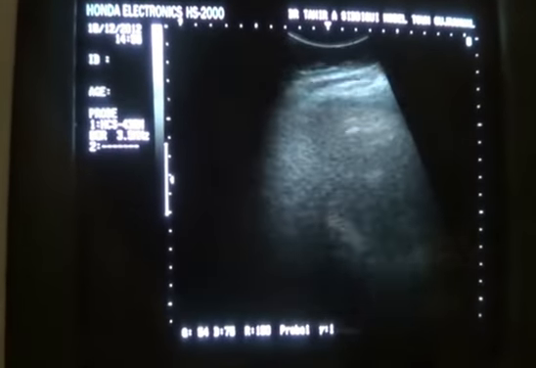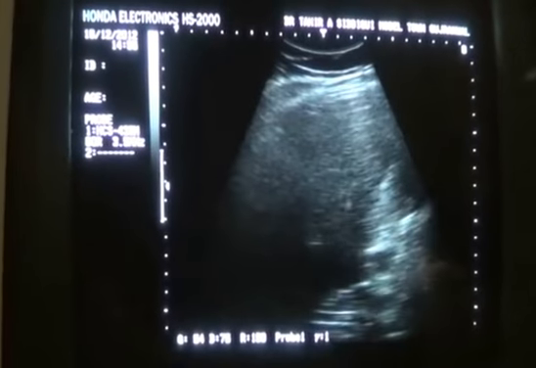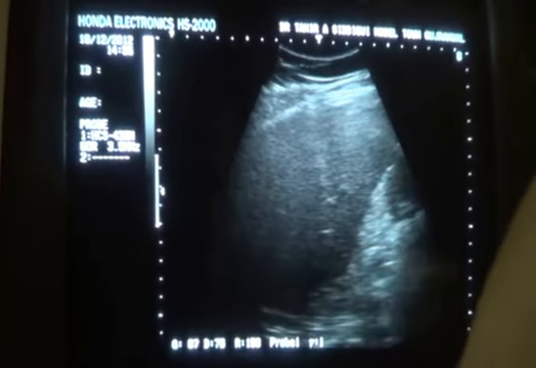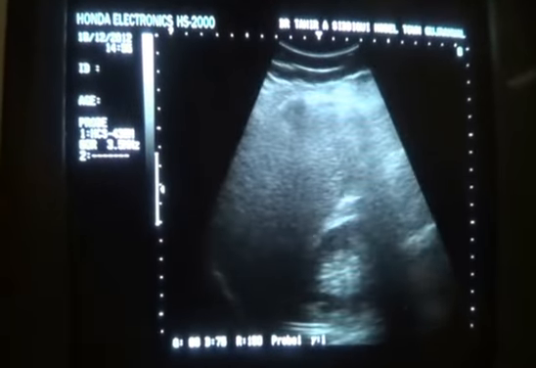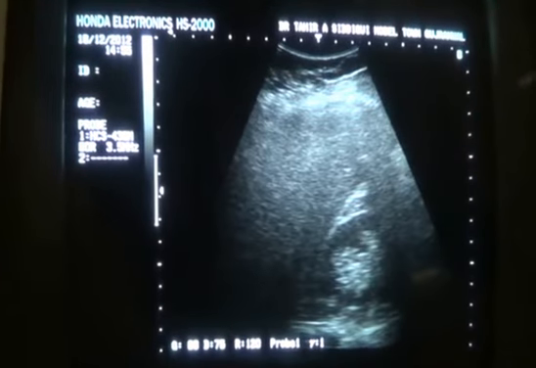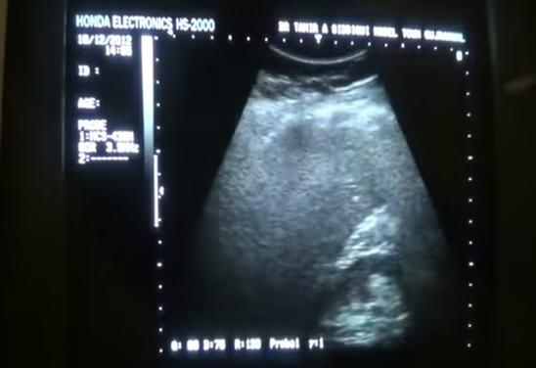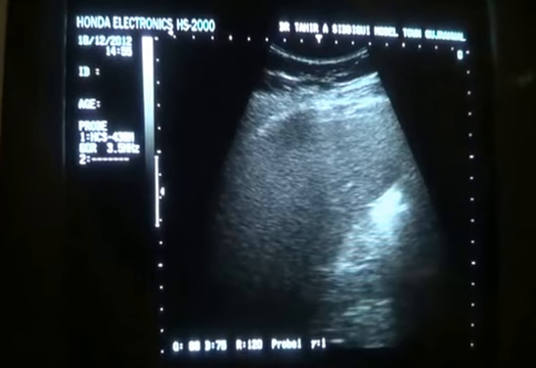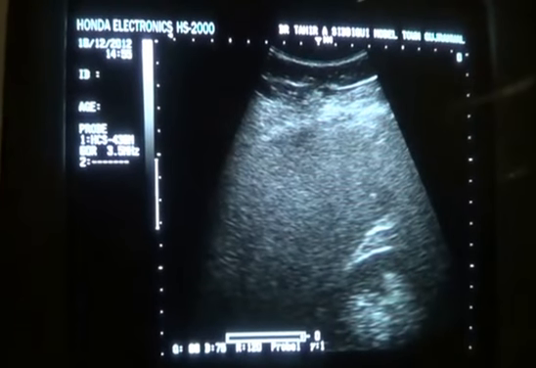This is the right lobe of the liver. This is the kidney with liver. You can easily make out that this liver is not normal.